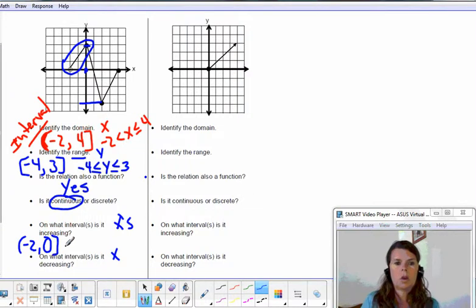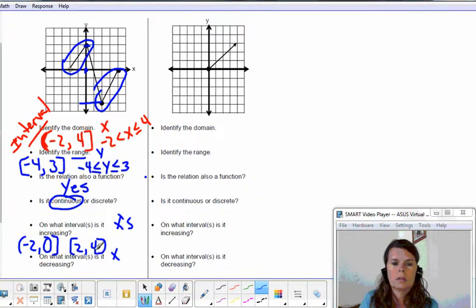And then also it's increasing right here. Notice we fell. Ooh, it's going down, it's decreasing right there, but it's increasing again right here. It's going uphill from left to right. So here our x value is 2, and 2 is included because it's a filled in dot, to 4.